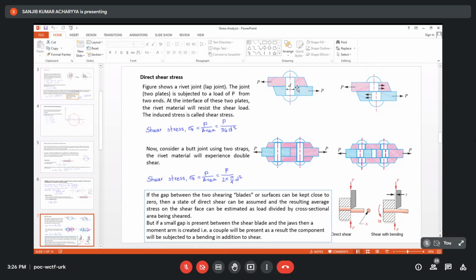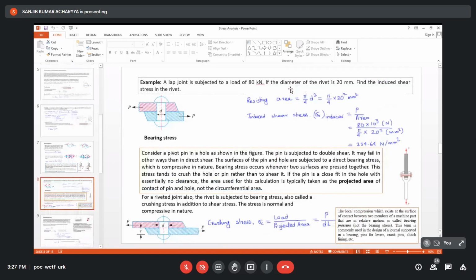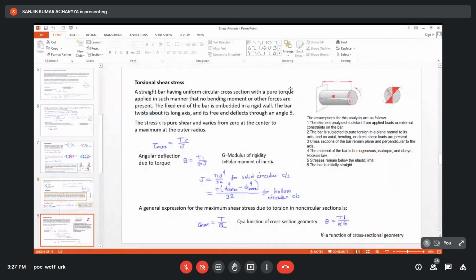So P by pi d square by 4 will be the shear stress, and that will be compared with the allowable shear stress for the material. Am I right? Yes, sir. Some problems are given, I think you will go through them and understand.